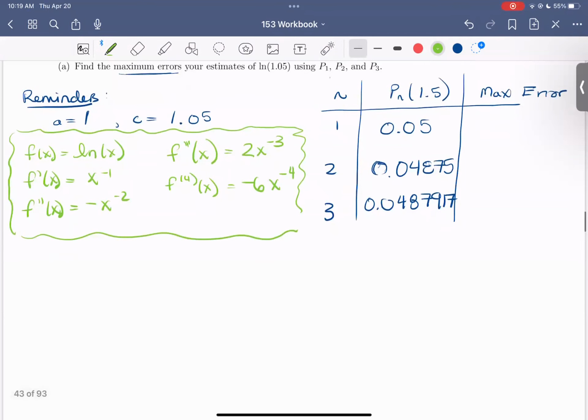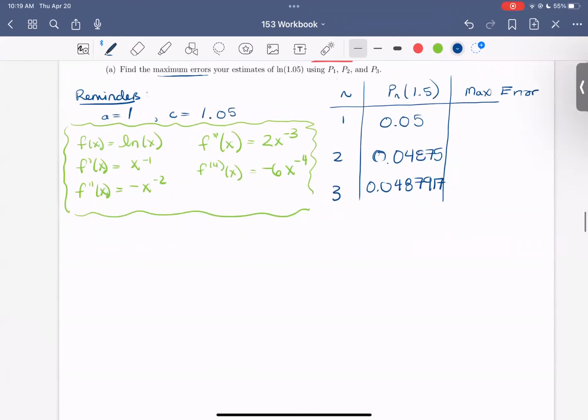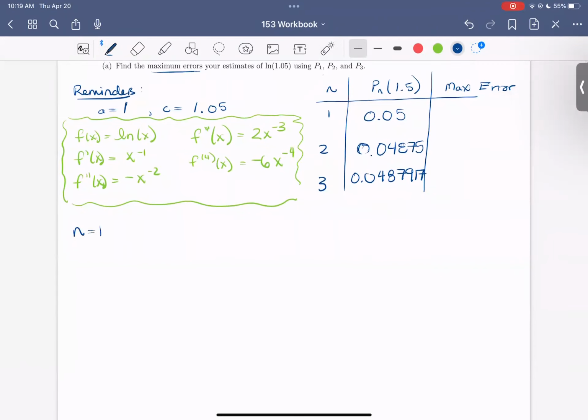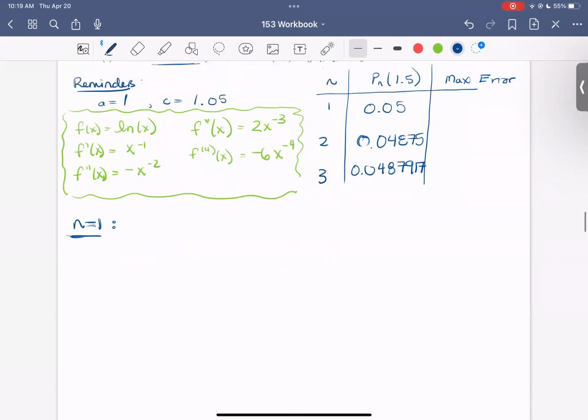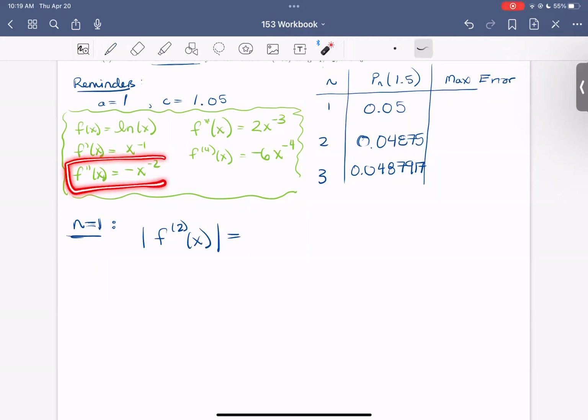All right, so let's get started by looking at when n equals 1 and computing the maximum error of our first degree polynomial. For that, we need to find the M. We need to look at the n plus 1, so the 1 plus 1, the second derivative of f of x, which from the derivatives we just computed is the absolute value of negative 1 over x squared.